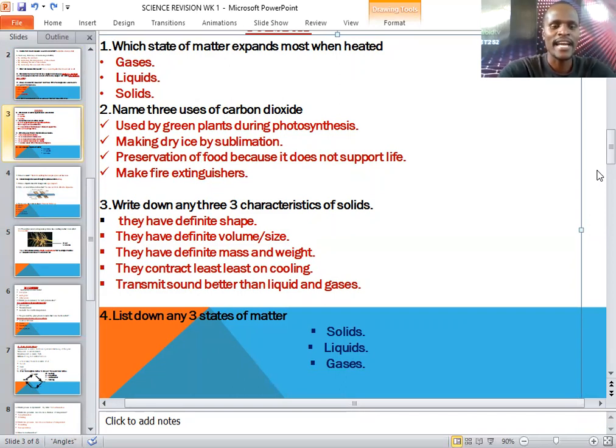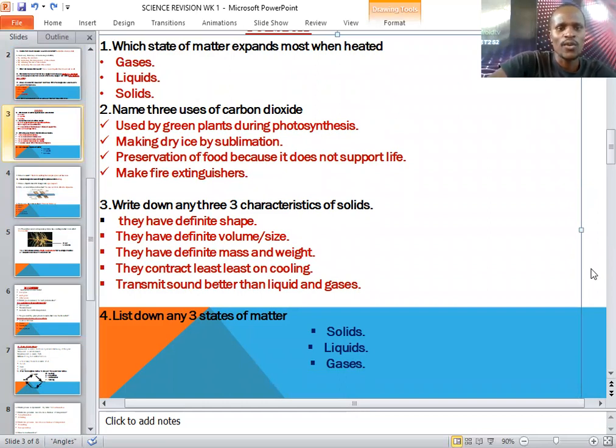When you want to make the dry ice, we use carbon dioxide. Remember, sublimation is where the gas changes directly into solid without passing through the liquid. So through that process, we can use carbon dioxide when making the dry ice.